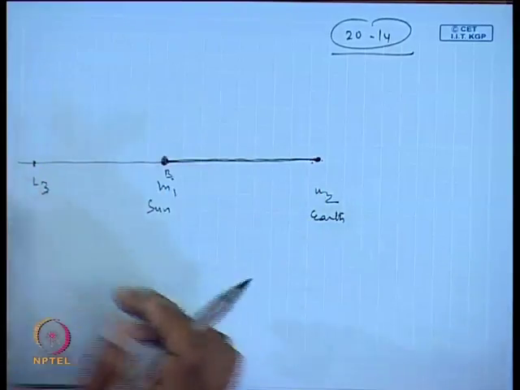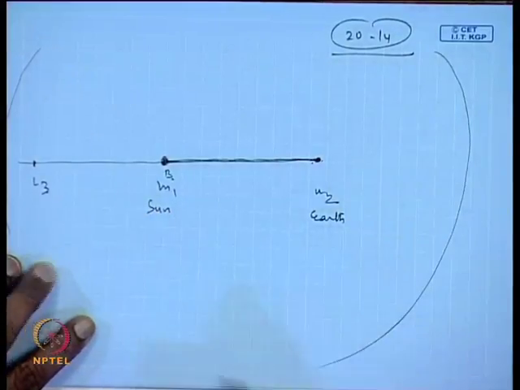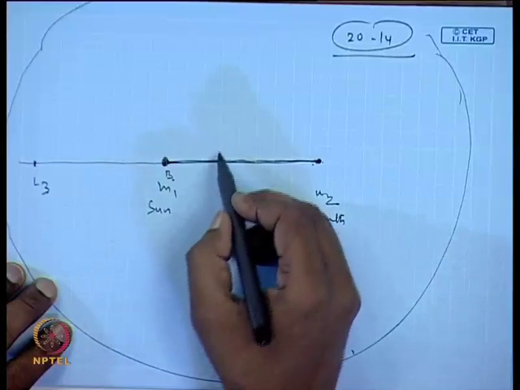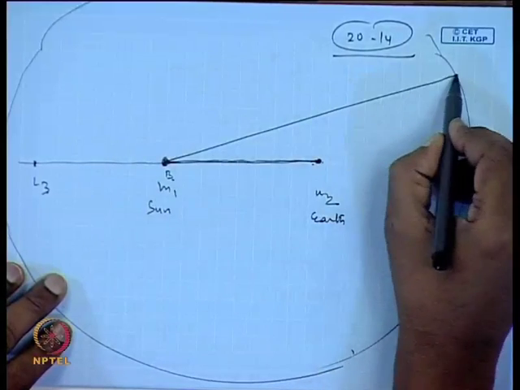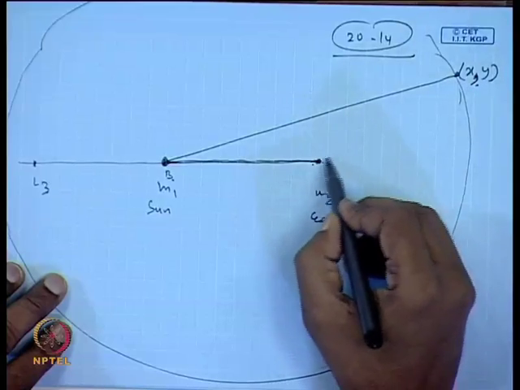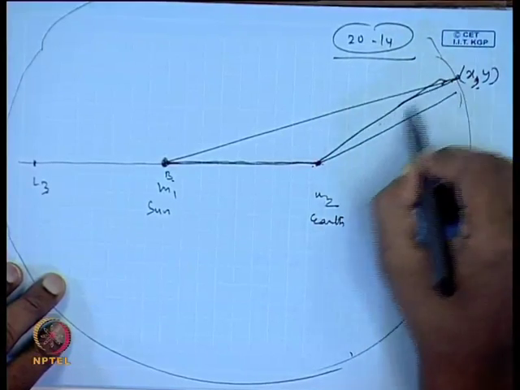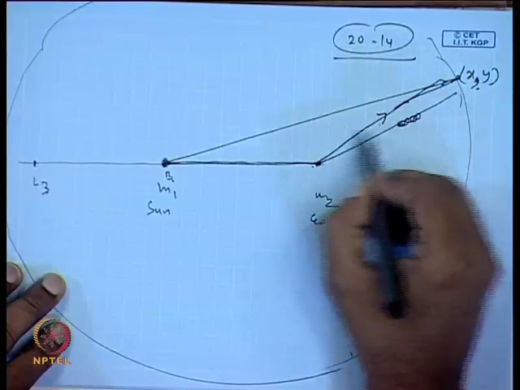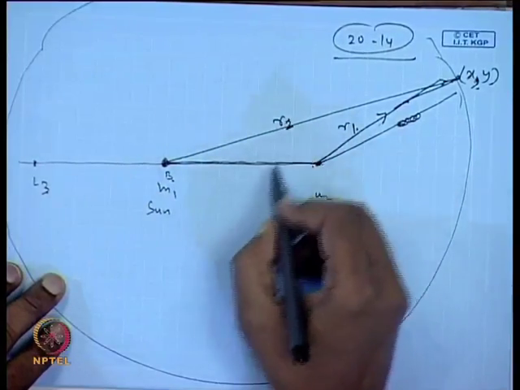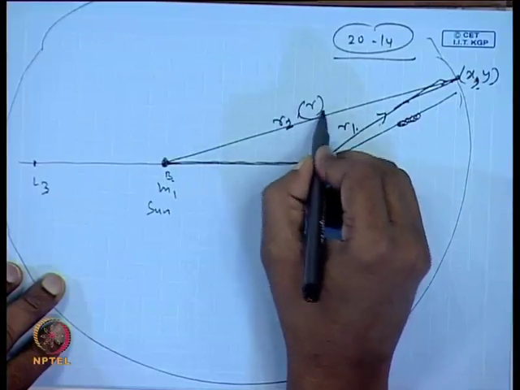We can make a very big circle here, and if we take any point on this circle whose coordinates are x and y, you can see that this is R1 and this is R2, and the barycenter is also lying here.